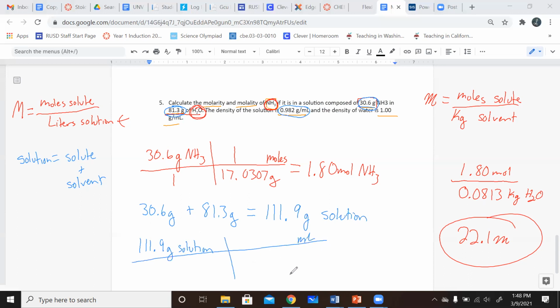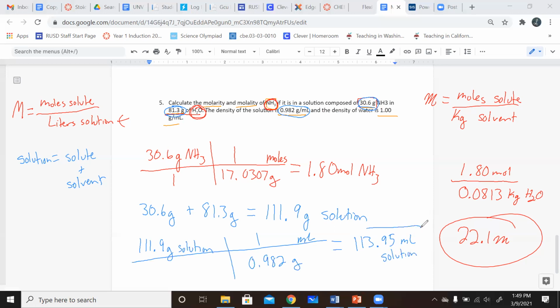Okay, so for every 1 milliliter, that's 0.982 grams. So what we can do with that information, we multiply across our T-chart, we divide to solve, and that's going to give us 113.95 milliliters of solution.